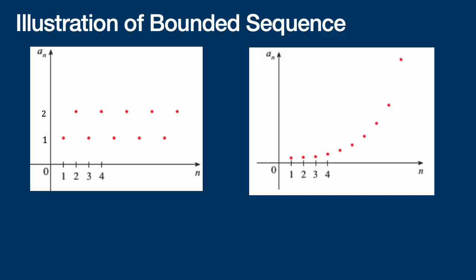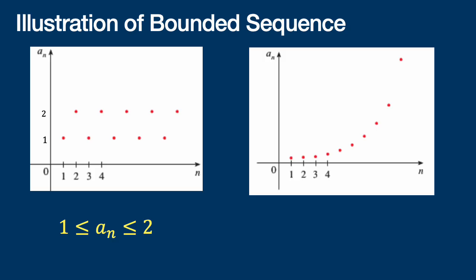Look at this one. a1 is 1, a2 is 2, a3 is 1, a4 is 2, right? So the sequence is 1, 2, 1, 2, 1, 2, 1, 2. So I can write that the general an is between 1 and 2. So 1 is the lower bound, 2 is the upper bound.